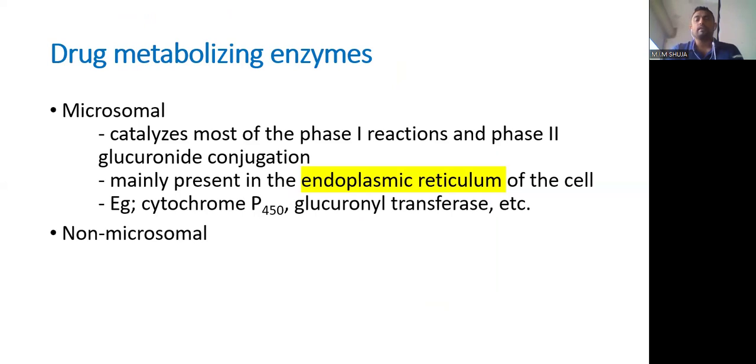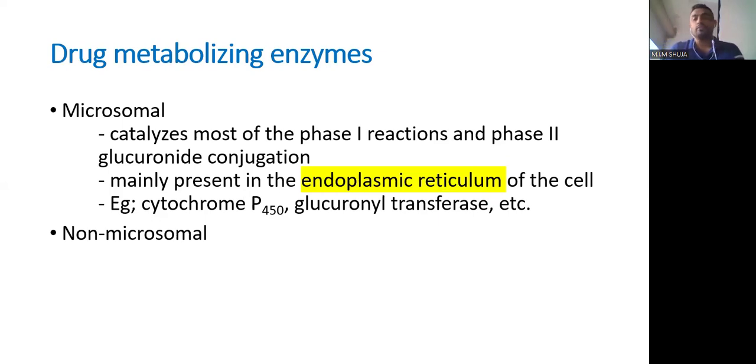There are enzymes that help in the metabolism of the drug. There are two kinds of enzymes, microsomal and non-microsomal enzymes. One of the easiest ways to remember the difference between microsomal and non-microsomal is to know the sites where they are present.